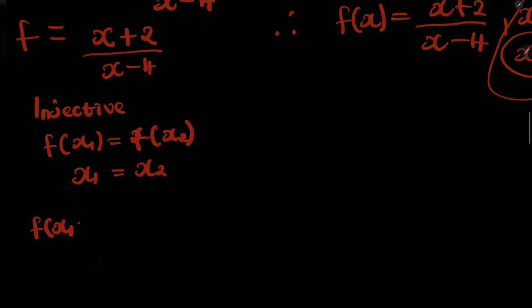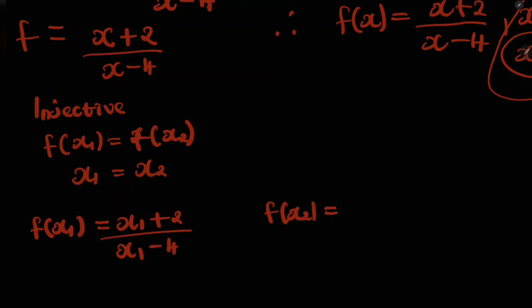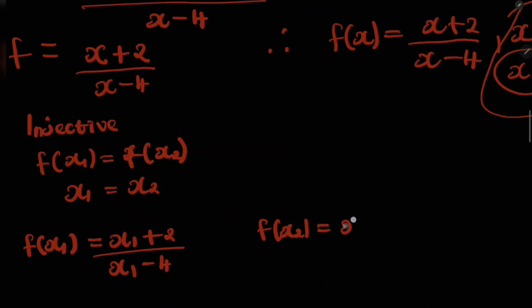So let's take the first case. f of x1 is equal to x1 plus 2 divided by x1 minus 4. And our f of x2, we just substitute x2 into our f of x equation, is x2 plus 2 divided by x2 minus 4.